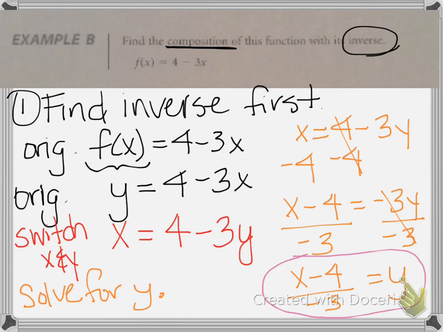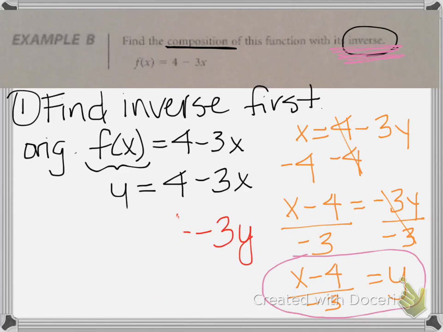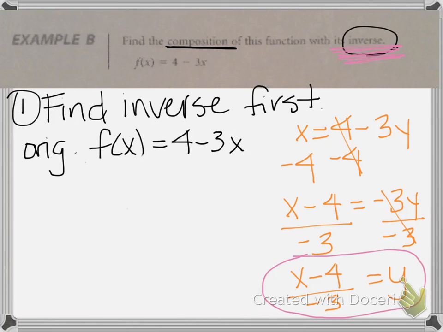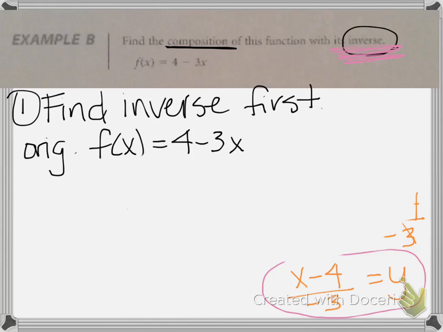So we have our original function, f of x equals 4 minus 3x. Now I've found the inverse, so now I can start to compose those together. So let me erase some of this here. And again, if I'm going too fast, it's the beauty of this screencast that you can stop, pause, rewind, whatever you need to do, re-listen to it so that you can get all the notes down that you need.